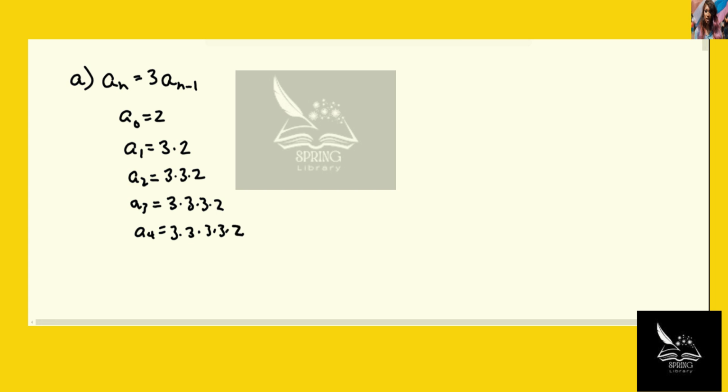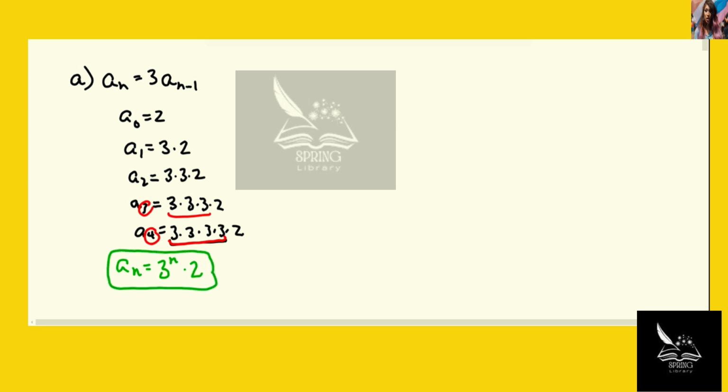And you can hopefully see the pattern emerging here. In each case, I have 3 to the same power as the subscript. A sub 4 has 3 to the 4th. A sub 3 has 3 to the 3rd. So we can take this sequence and say the nth term of my sequence will be 3 raised to the nth power times 2.